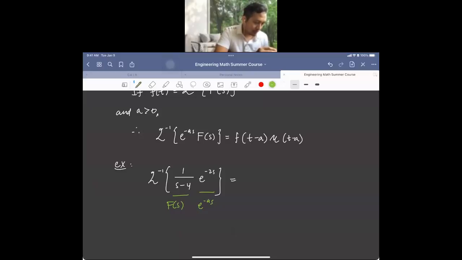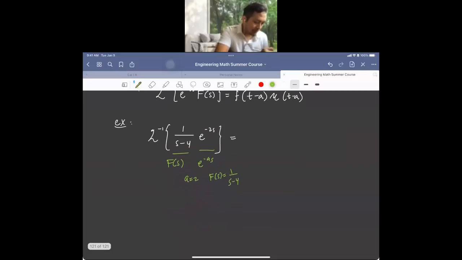So let's identify: a is 2, F of s is 1 over s minus 4, and the Laplace inverse of F of s is e to the power of 4t.